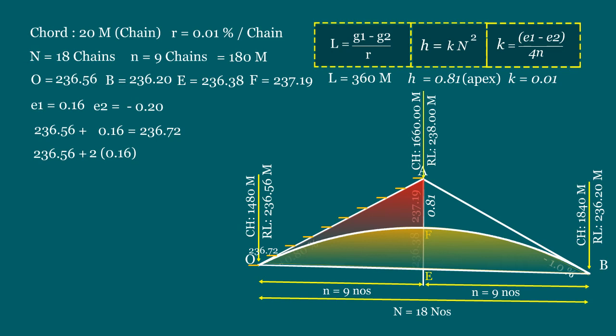That is 236.56 plus 2 into 0.16 equals 236.88. And, similarly, for the third peg, it is RL value of 0.0 plus 3 times the value of E1. That equals 237.04. Repeat the same procedure until we reach the 18th peg.